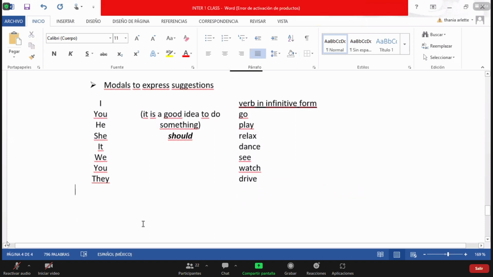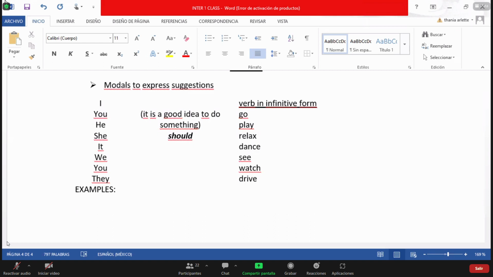Let's see some examples. Okay, examples. What examples do we have? I'm going to give you the context, I mean the situation. And according to that situation, we are going to create some sentences giving advice. Yes, giving a suggestion. You are going to tell me sentences indicating that it is a good idea to do something.